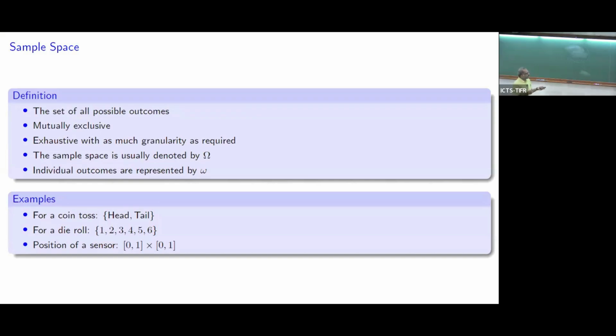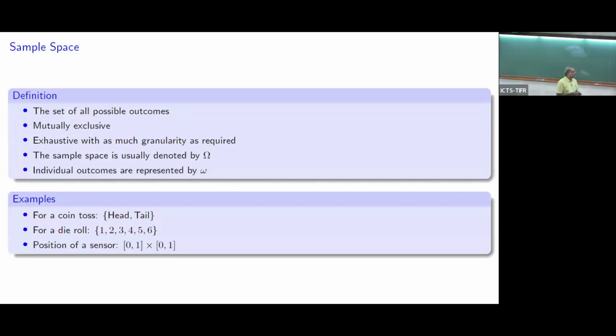There's another example. Suppose you are positioning a sensor. Say you are randomly throwing a sensor onto some forest area, and suppose that forest area is 1 kilometer by 1 kilometer. Because you are throwing the sensor randomly, before the sensor lands and you are able to localize it, you won't know what the XY coordinates of that sensor are.